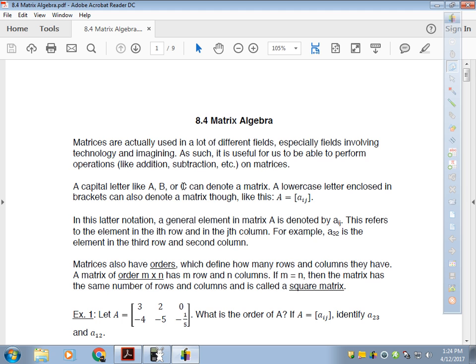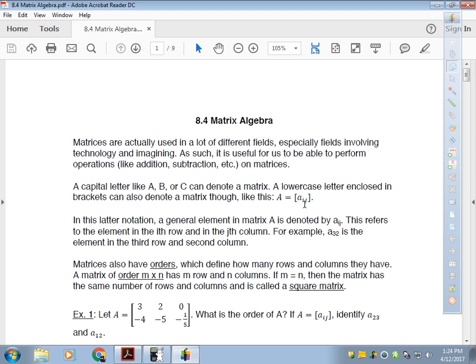We use lowercase letters to talk about elements that are inside the matrix. So we can say matrix A, which is capital A, is equal to a matrix that has elements little a sub ij. Now, in this lowercase here, you see this little subscript ij. The ij refers to the location in the matrix of each element.